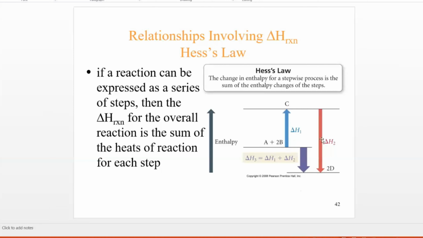So the delta H of all of these added intermediate reactions equals the delta H of the total reaction. This means that delta H is a state function, meaning it doesn't matter how many intermediates we have, the change in heat from the beginning to the end, no matter what happens in the middle, is going to be the same.